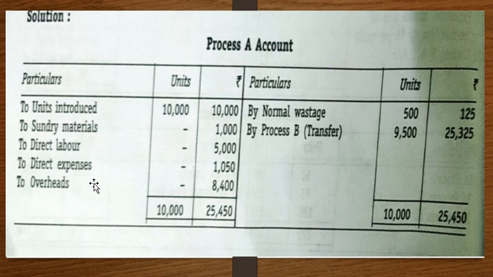How did you get 5,000? As they have stated 168% on direct labor, and direct labor is 5,000. 5,000 into 168% will give you 8,400. So this is your inputs.